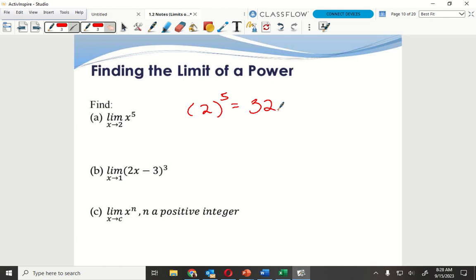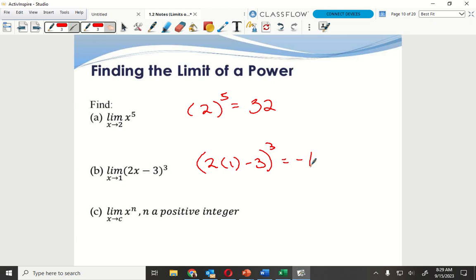Okay, next one, and I can plug that one in too. So it's 2 times 1 minus 3 to the 3rd power. That's going to be 2 minus 3, which is negative 1. Negative 1 to the 3rd power is negative 1.